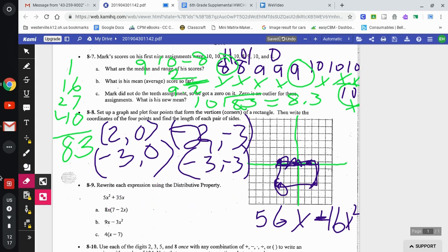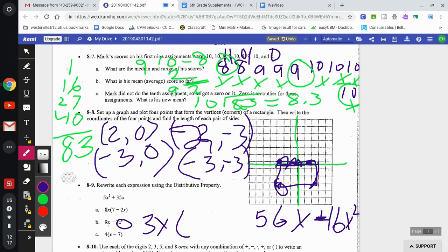All right, moving down to B, because we skipped a little typo here. We got 9x minus 3x squared. So again, since I have that x squared, I'm going to have to put something x on the outside of my parentheses. So looking at a common factor, I'm going to use 3x. So 3x times what is 9x? 3.